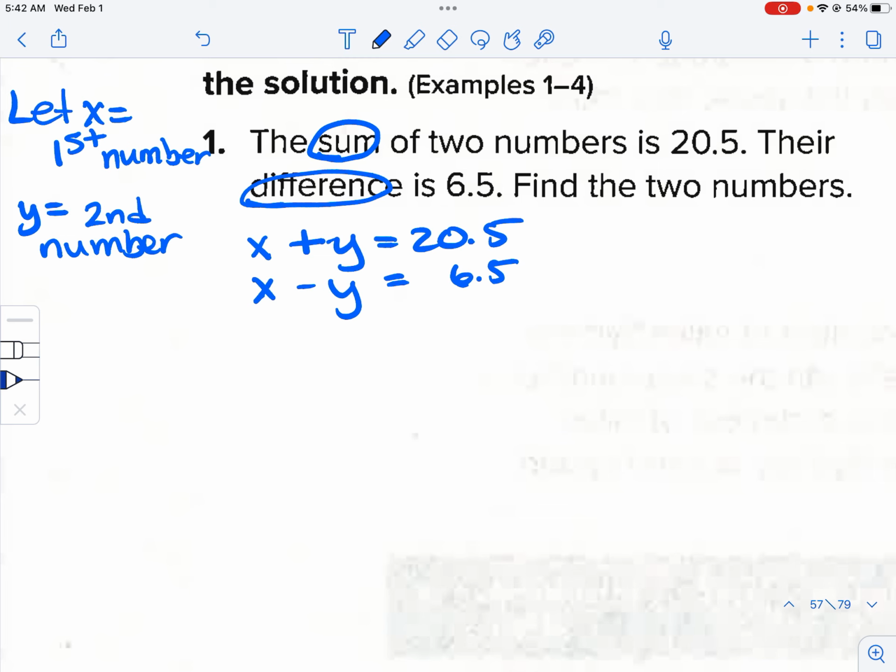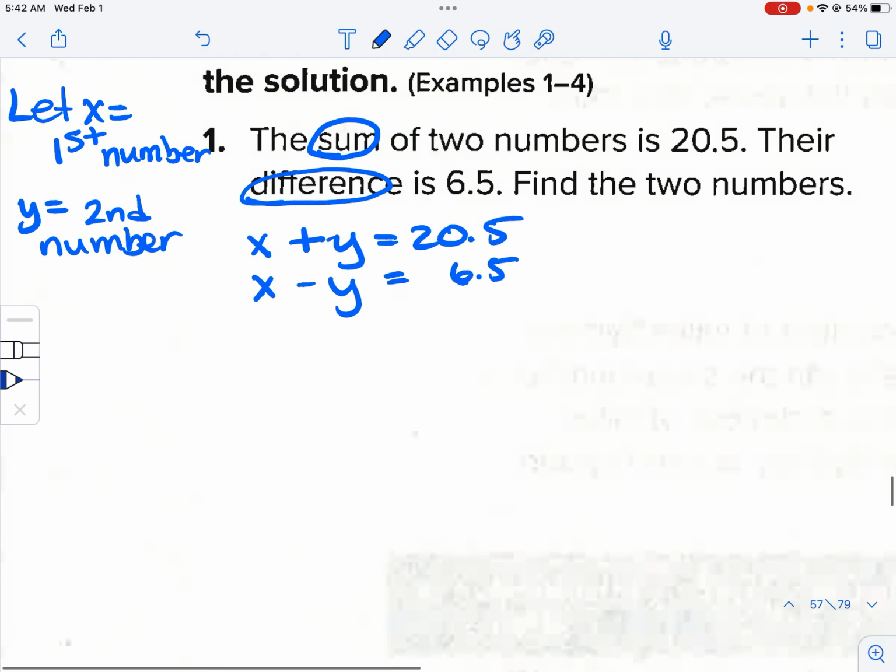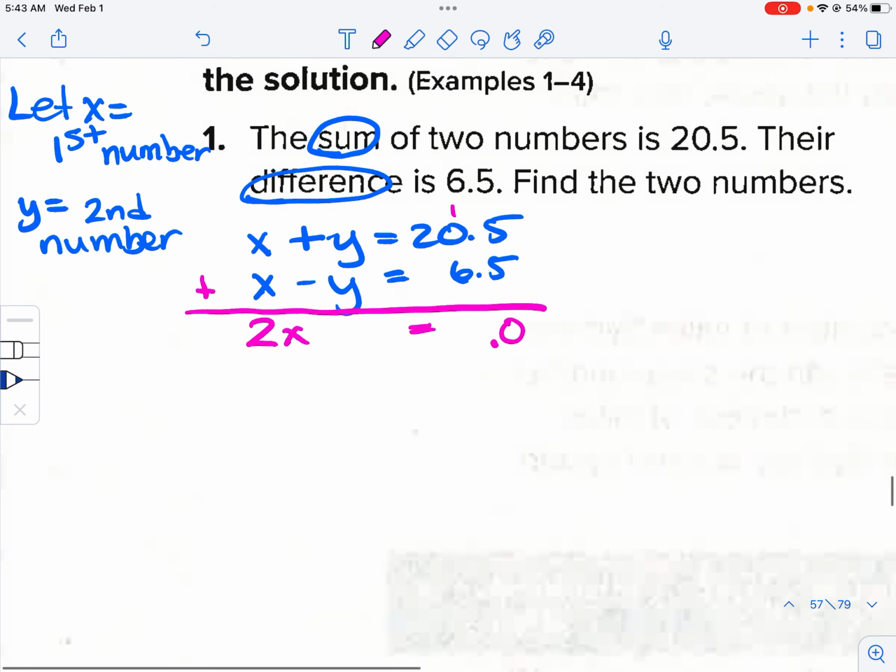As I'm looking at these, what do I notice? I notice that these two coefficients are opposite of each other, so all I have to do is add straight down. That gets me 2x equals 27.